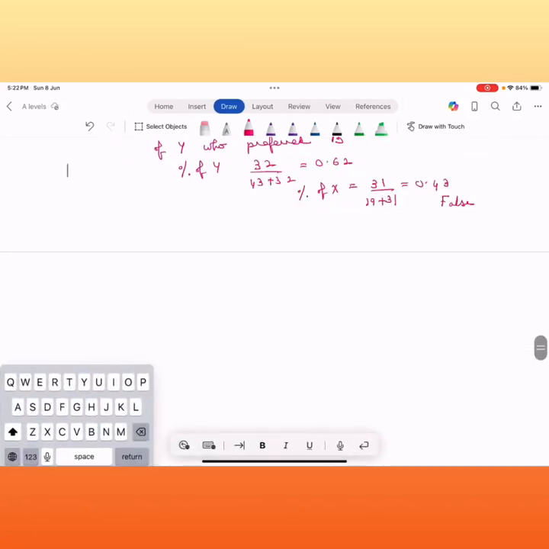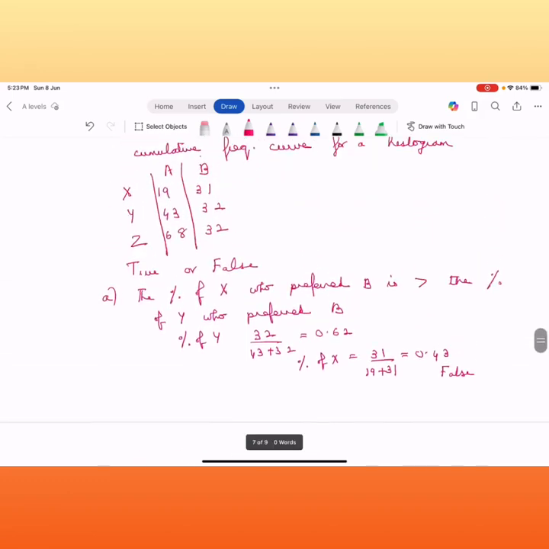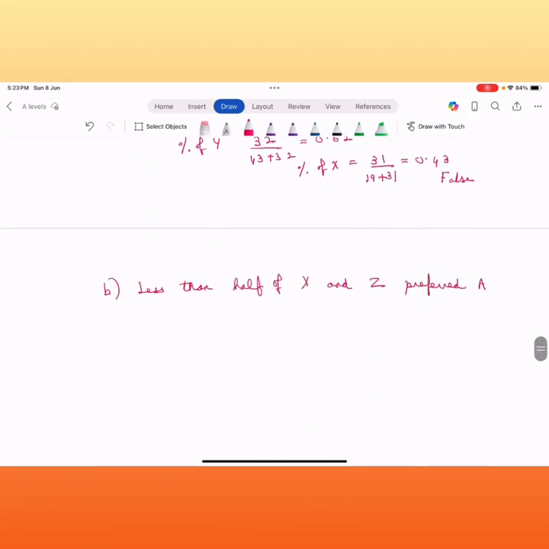Now going to the second question: less than half of X and Z preferred A. If you look at the number of candidates of X and Z who preferred A, that would be 19 plus 68, divided by 19 plus 68 plus 31 plus 32, and that would give you 0.476.